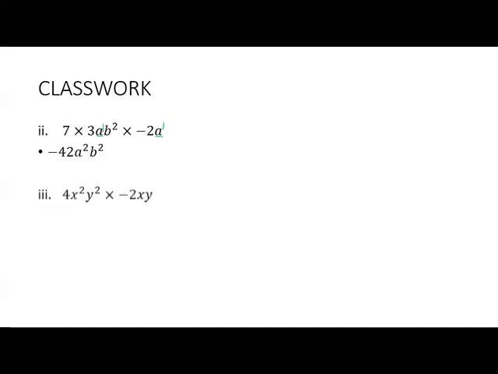What do you get here? 4 times negative 2 gives you negative 8. And what about x? It will be x to the exponent of 2 plus 1, then y to the exponent of 2 plus 1. Your final answer will be negative 8 x cubed y cubed.